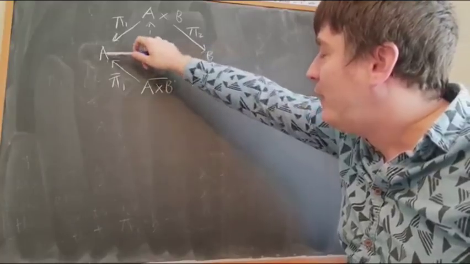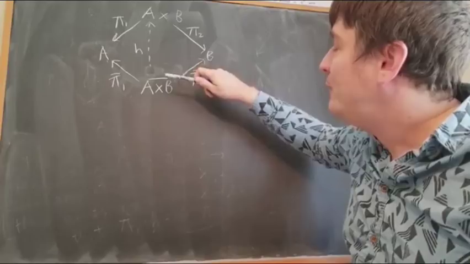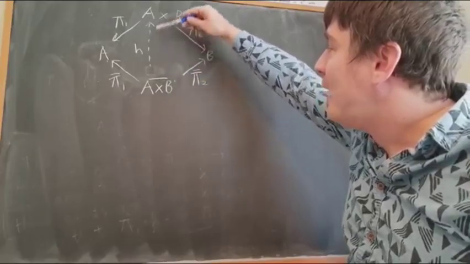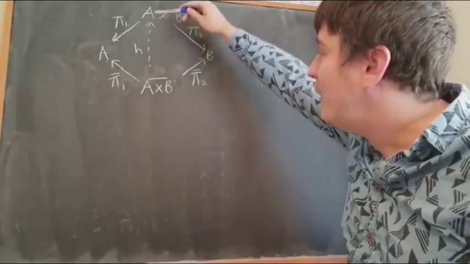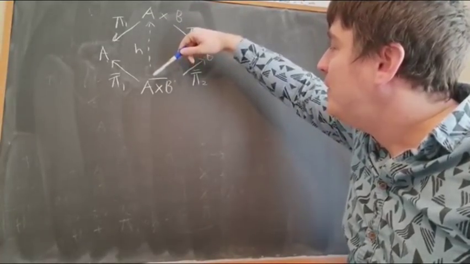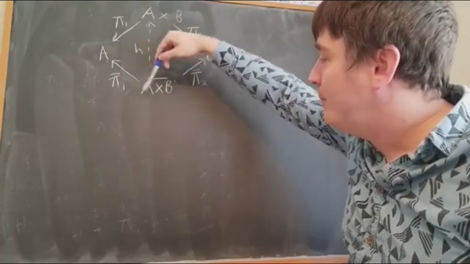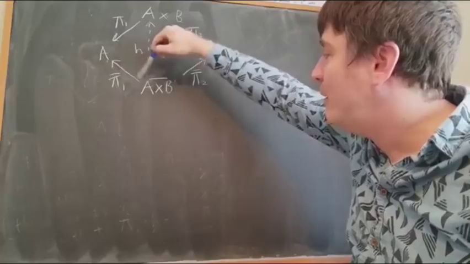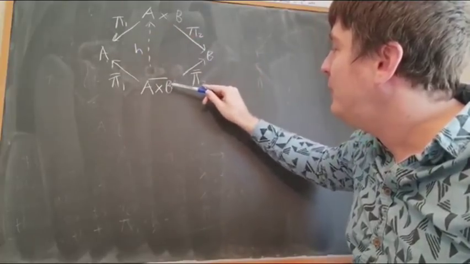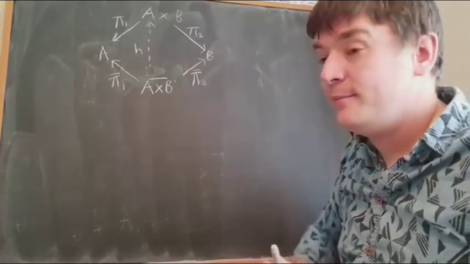There it is with its arrow into A and its arrow into B. And so we have the property that there's a unique intermediary arrow H into A times B, with the property that if we go along H and then pi 1, we get pi 1 bar, the arrow from this thing. And similarly, we can get this arrow from going along here and then here.